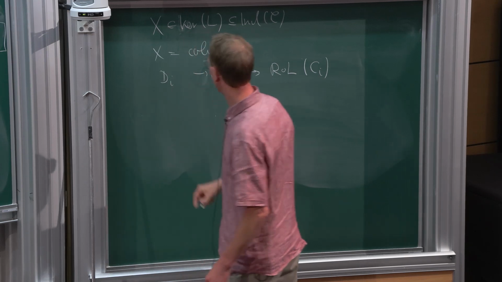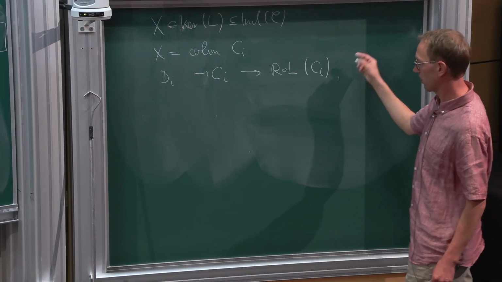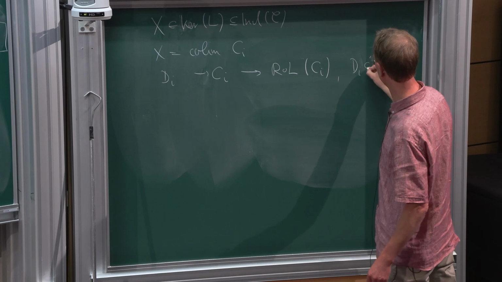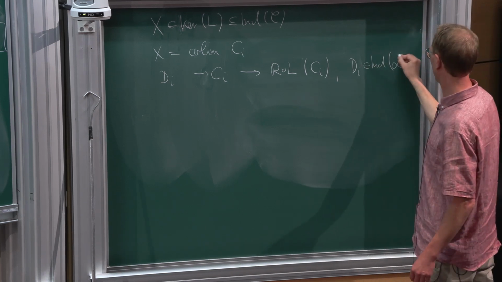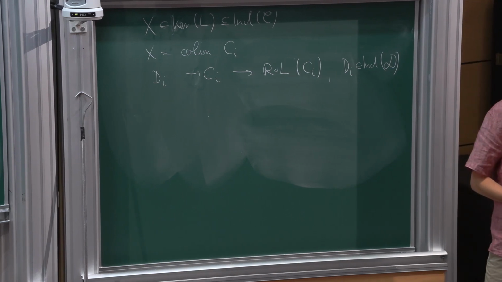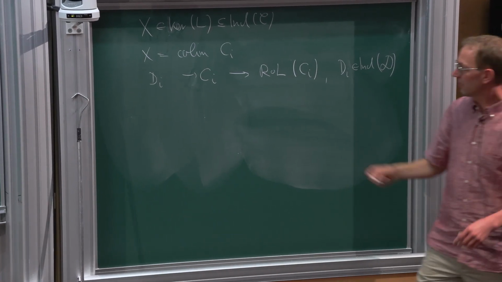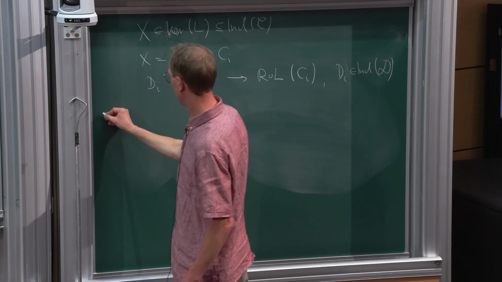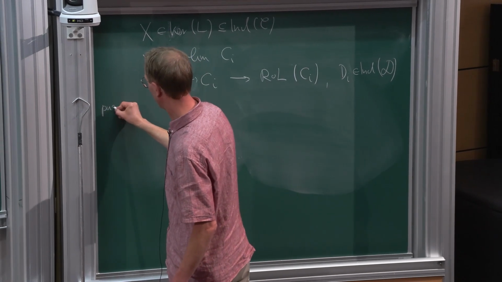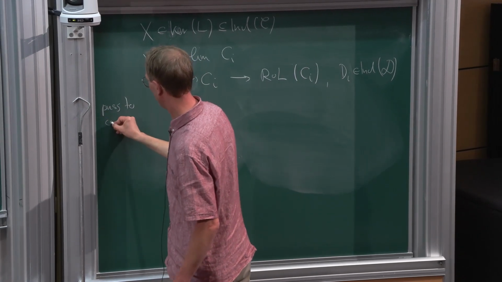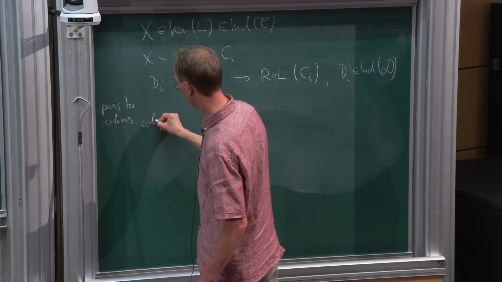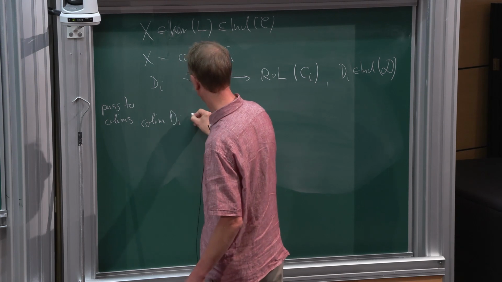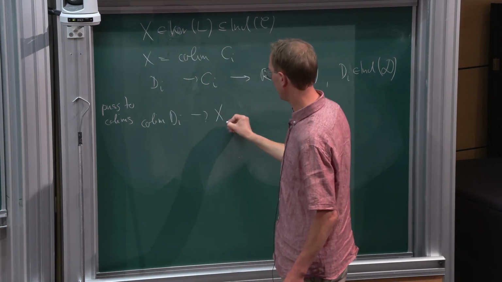Let's call it Di. By construction, from the explicit formula, you see that this Di is itself in the Ind-completion of this category D that we took the quotient of. And now we just pass to colimits, and you get the colimit of these Di's here. Here you get the colimit is x.